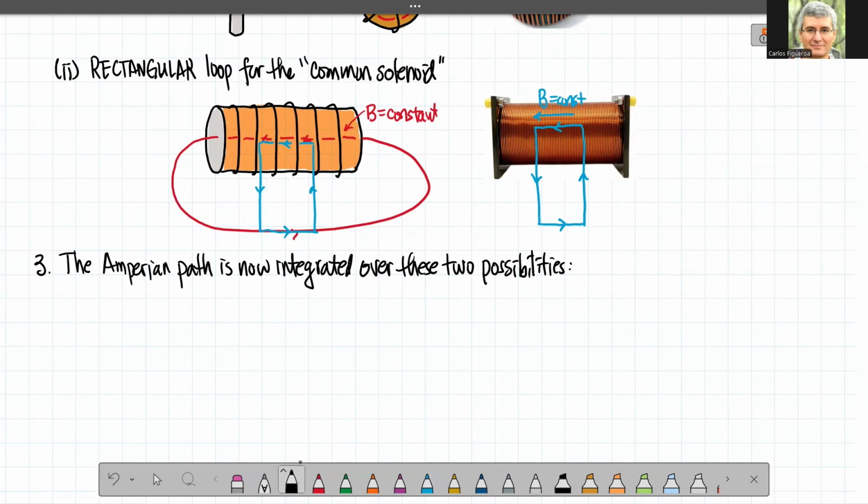The goal of Ampere's law is to pick a path where the B field can be pulled out.